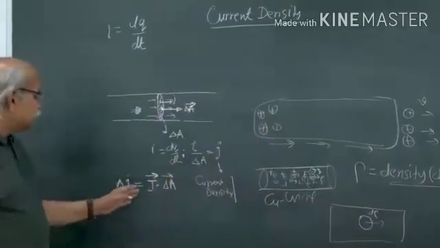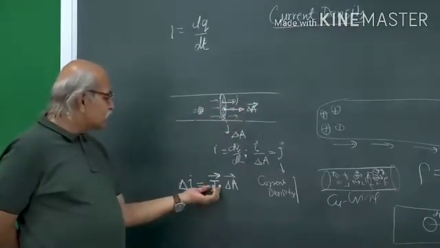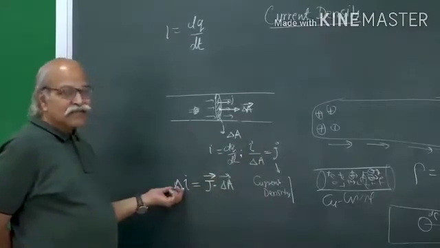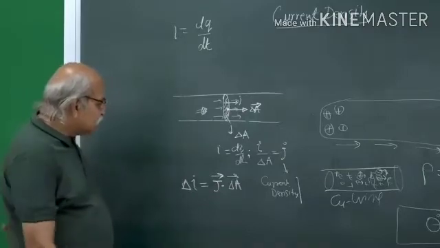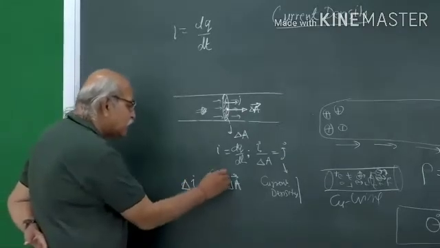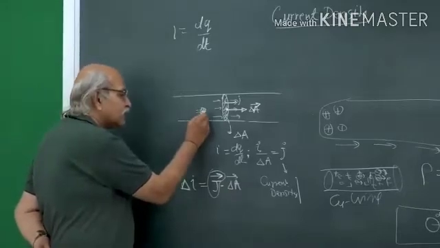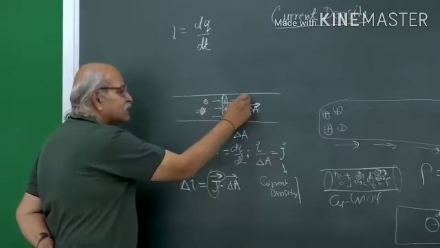So that way you define this J, and then J dot dA, magnitude of this into magnitude of this, J into dA, will be I. Writing it in this vector equation gives another benefit, because this J is now defined point by point. If you are here, construct the area here. If you are here, construct the area here.